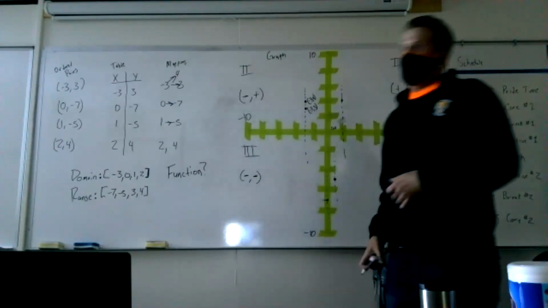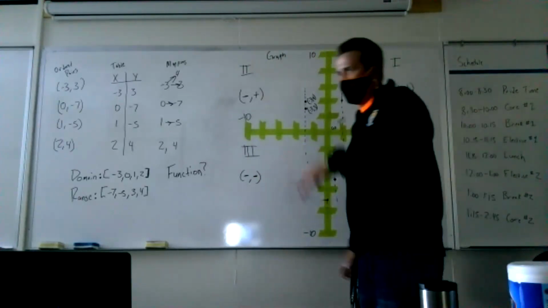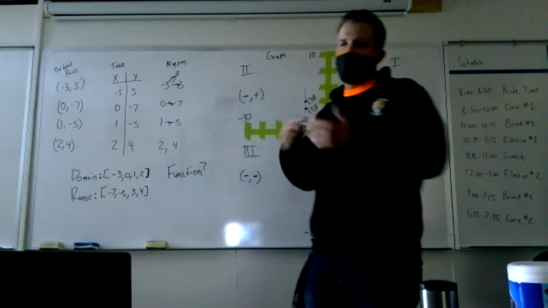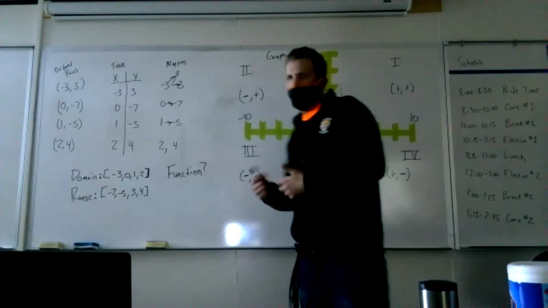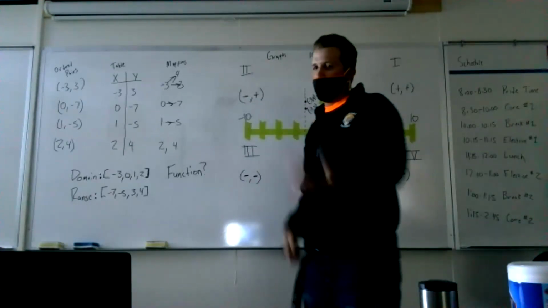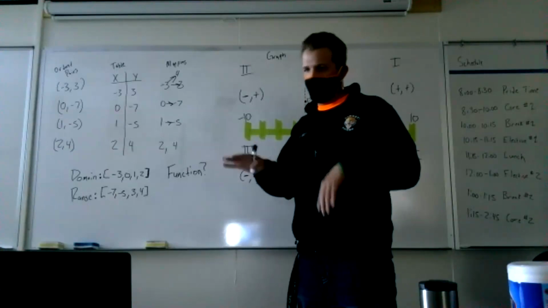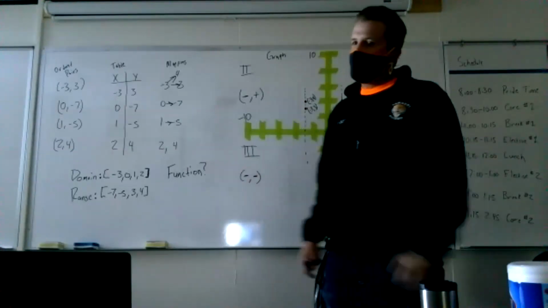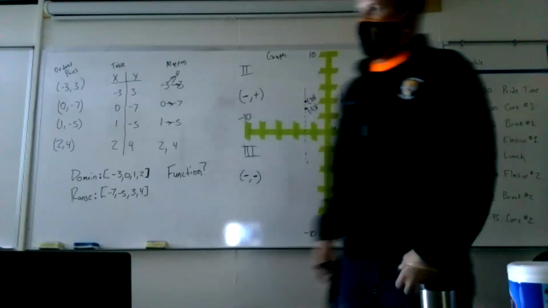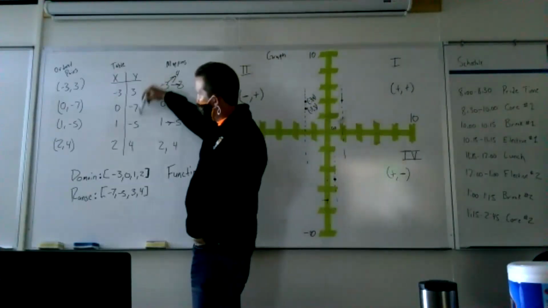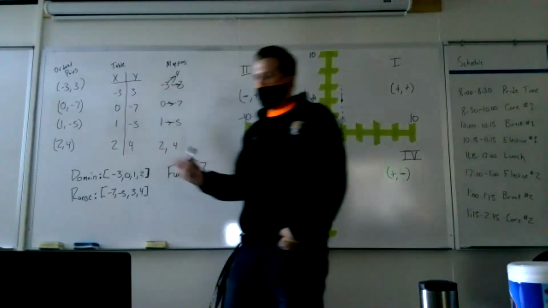Okay, and that's because x is your input value. It's what's known as the independent variable. It can stand by itself. A y value is known as your dependent variable, meaning that you have to have a specific x value to get to your y's. Where a lot of people get confused is they think because they see a duplicated number in the y's, that means it's not a function.